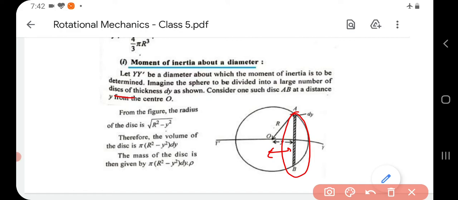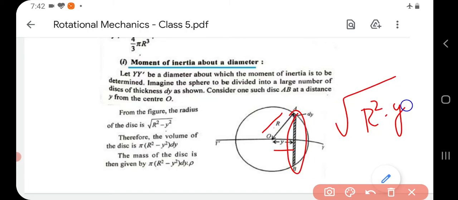Okay, so from the figure, using the hypotenuse theorem, what will be the radius of that disc? It will be root of, this is r and this is y. So radius of this disc will be root of r square minus y square. Okay, now volume will be, what is volume?